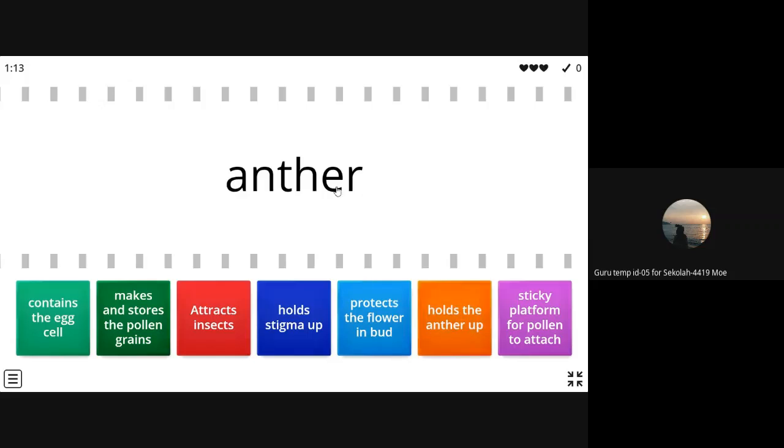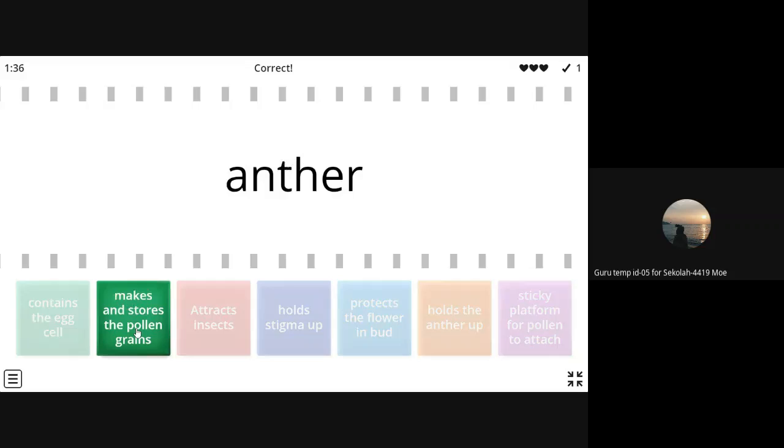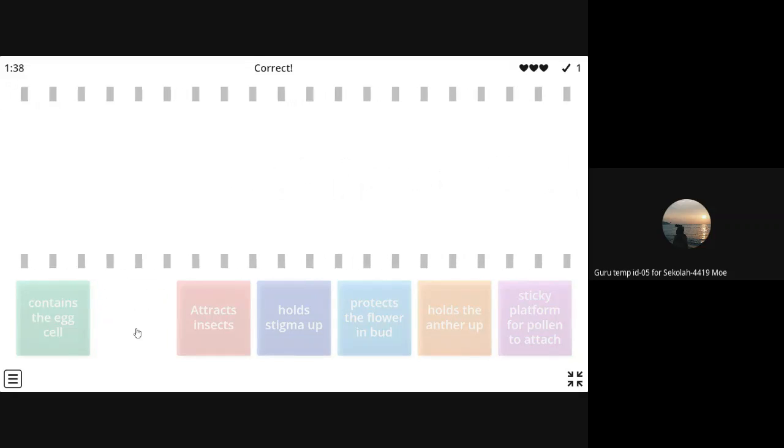Okay, remember anther ni dia punya keyword dia adalah pollen grains. Okay, it contains pollen grains. Okay, pollen grains ni adalah male gamete untuk bunga. Okay, dia macam female. Kalau female, ovule kan? Ovule contain female gamete. Okay, so same goes to anther. Okay, anther pun dia contain male gamete. Okay, remember the keyword pollen grains. Alright, correct.